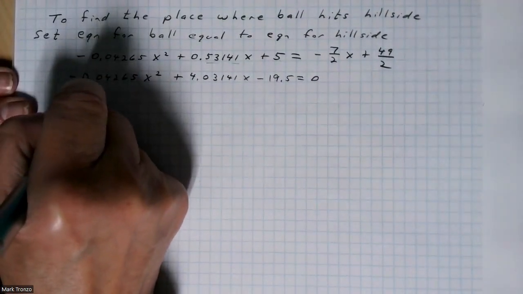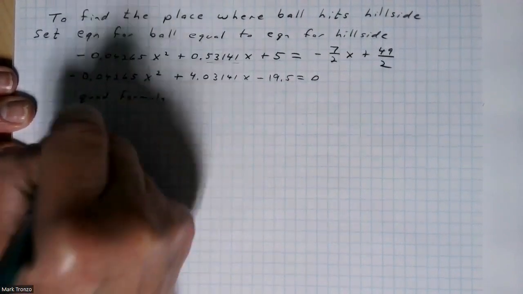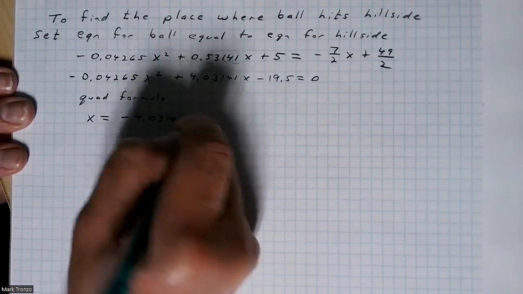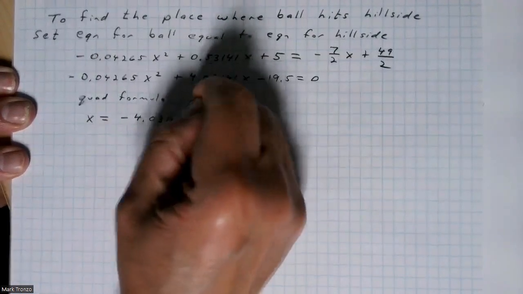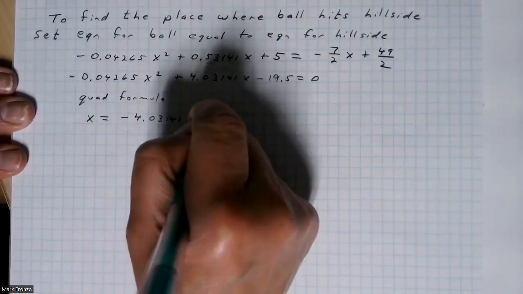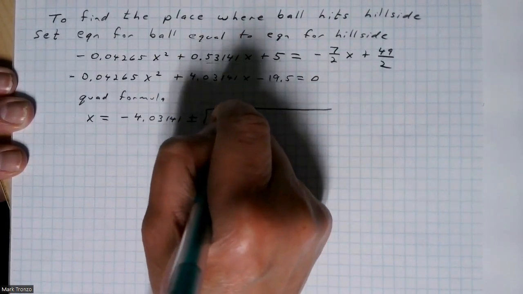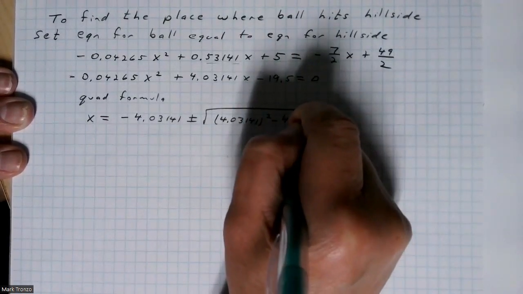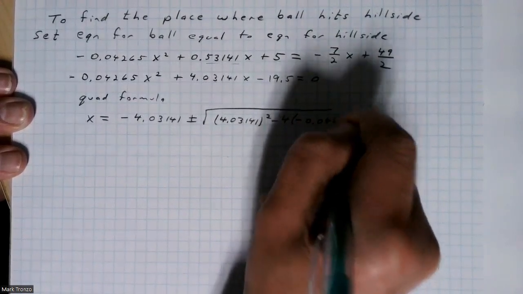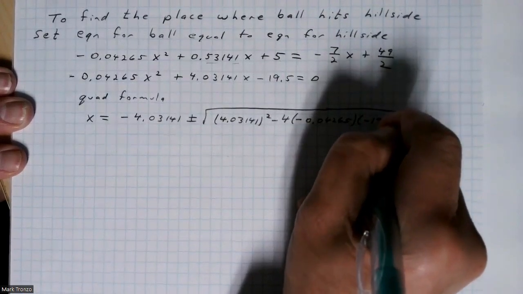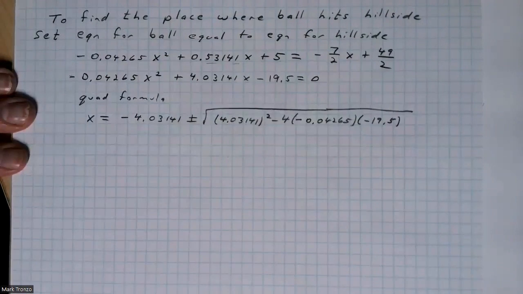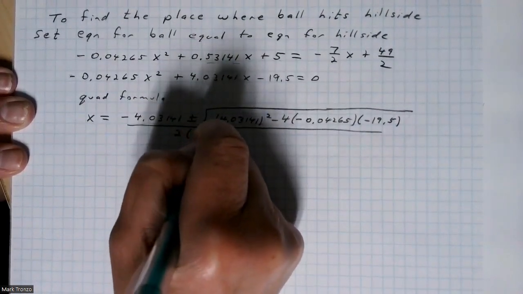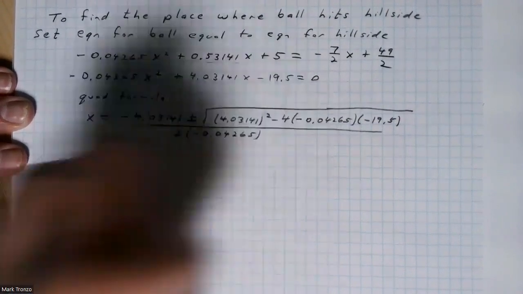So once again, use the quadratic formula. That's going to be negative b plus or minus the square root of b squared minus 4 times a times c, divided by 2a, like this.